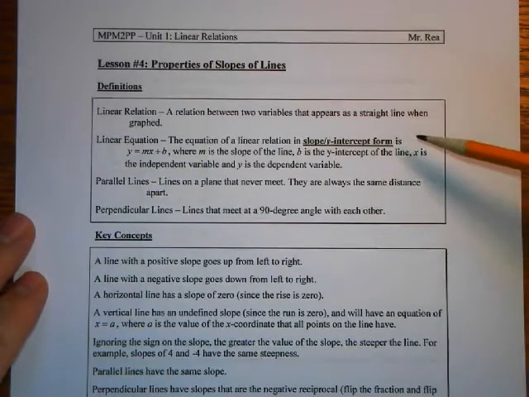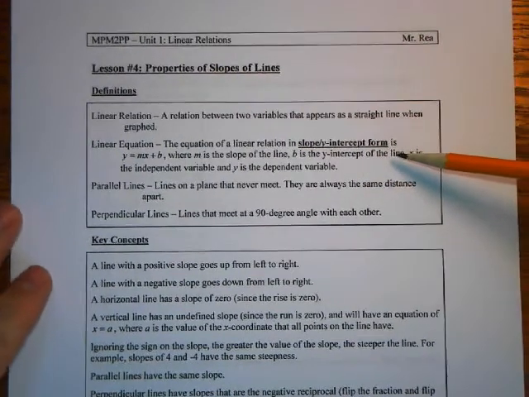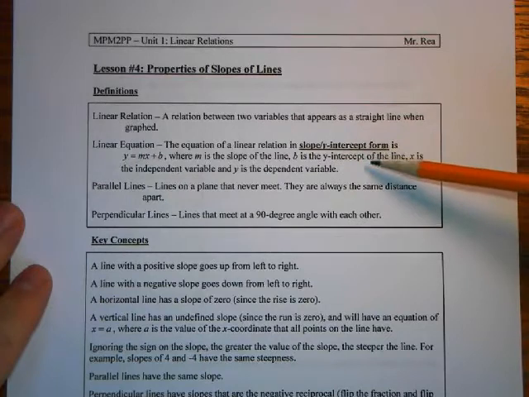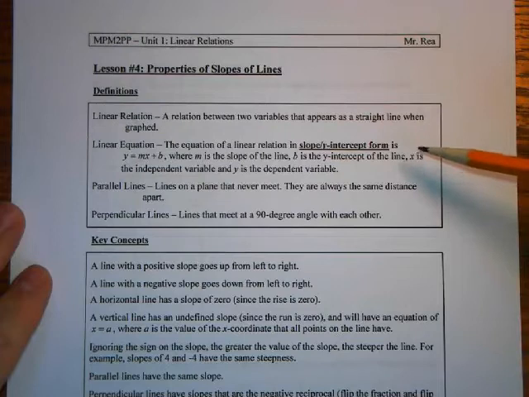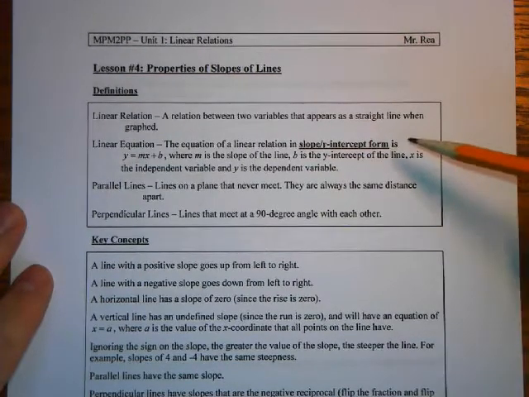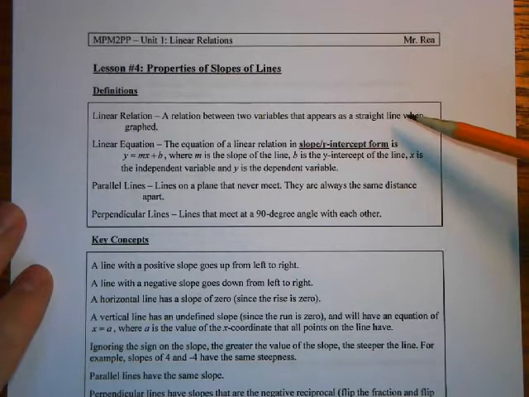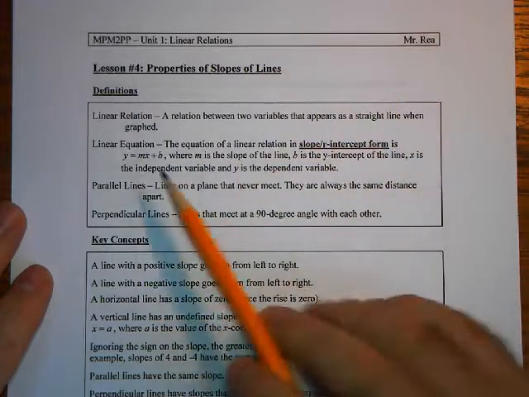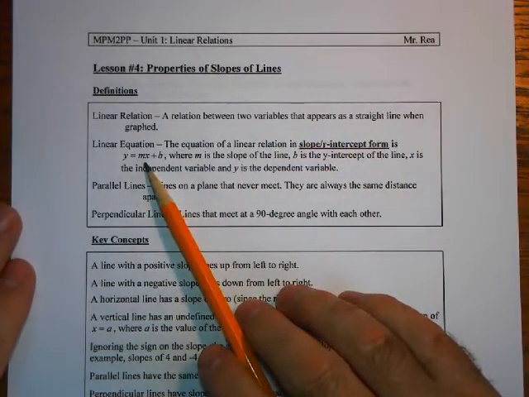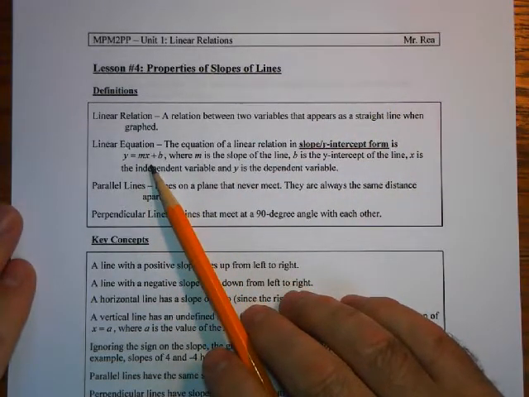Just a couple of continuing definitions here. Linear equation, this is very important throughout most of this unit. Whenever you think of a linear equation, we're using the slope y-intercept form, which looks like y equals mx plus b.